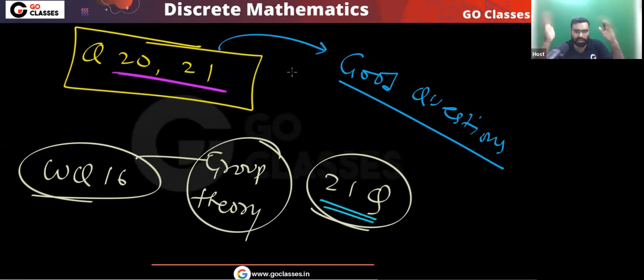Whatever variations are available in the standard resources, I have taken and created this quiz. So if you understand the solution of all these 21 questions, then you are an expert of group theory.